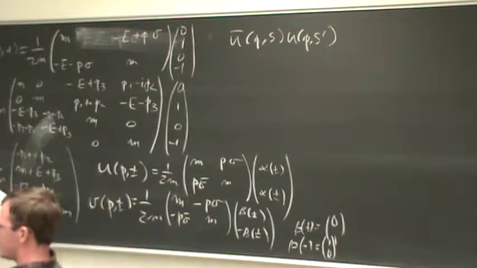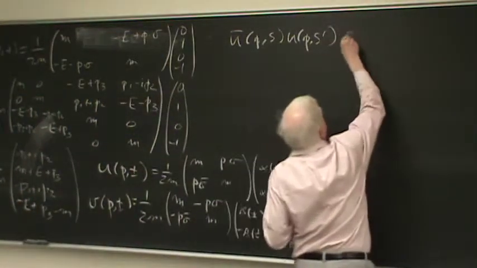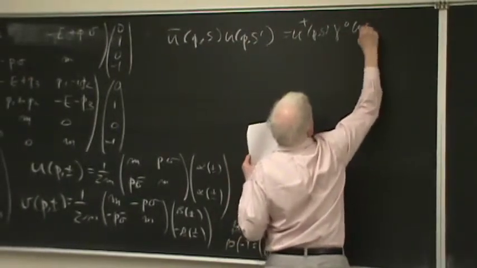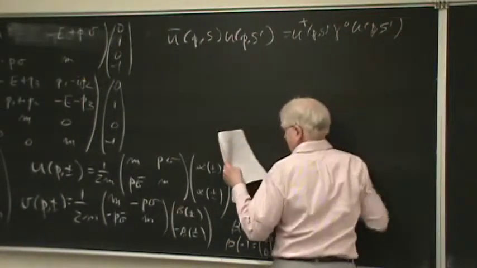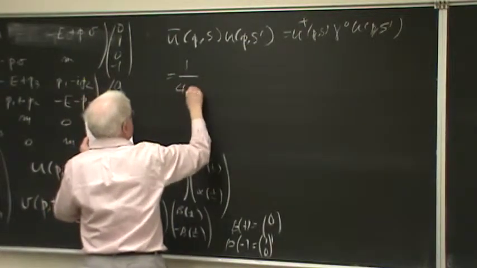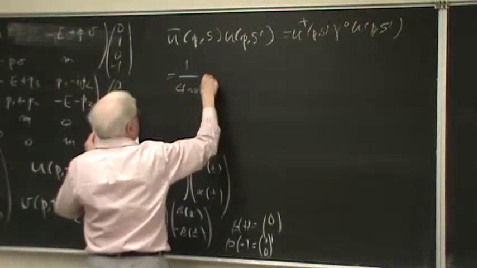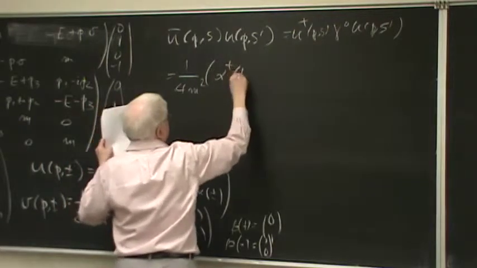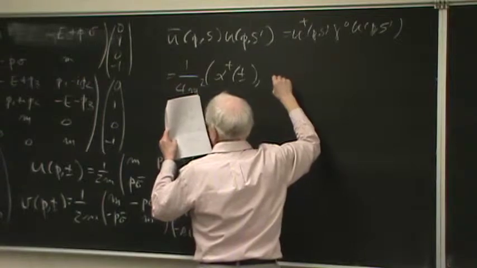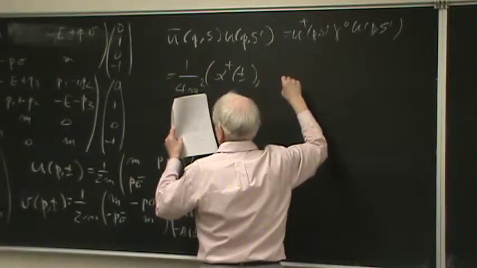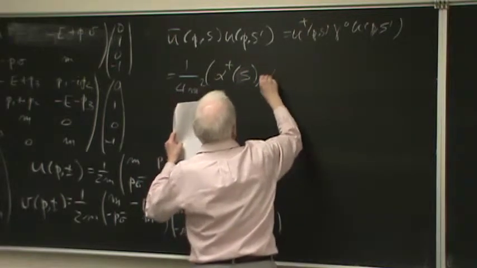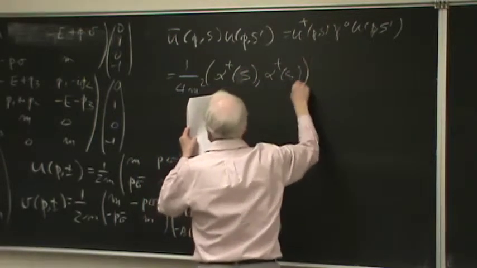So this is u dagger gamma 0. And what is this? Well, it's 1 over 4m squared, and it's alpha dagger plus or minus. I should have written s and s prime, actually. Let me do that now. Alpha dagger s.